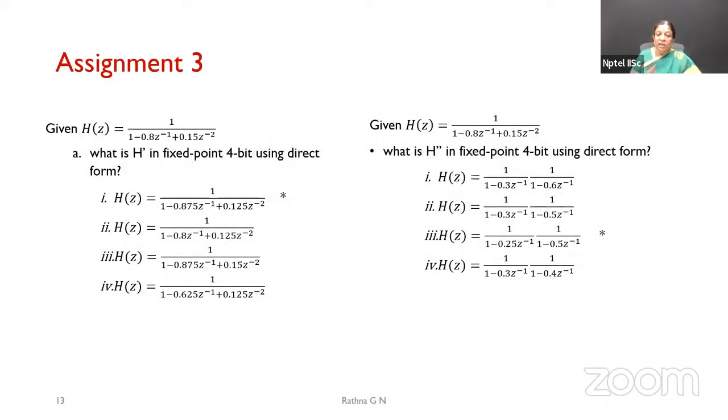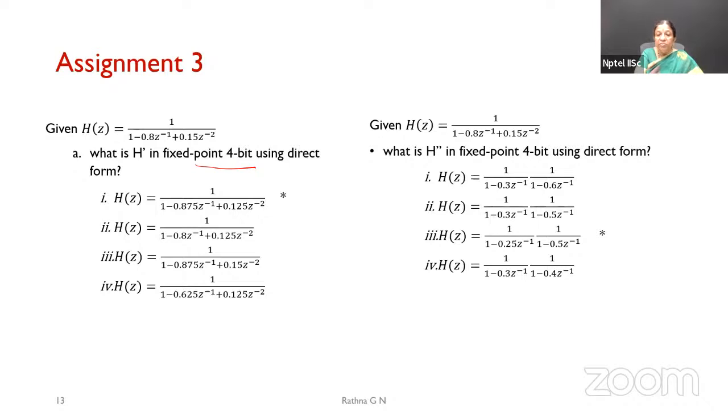Coming to our next problem. You have been given H of z as 1 by 1 minus 0.8 z minus 1, minus 0.15 z minus 2. Completely it is an all pole system, as you can see. What is the H dash in the 4-bit using direct form, what has been asked.